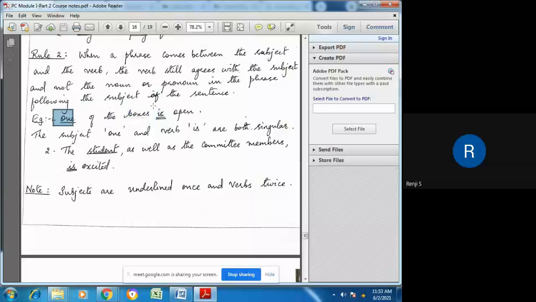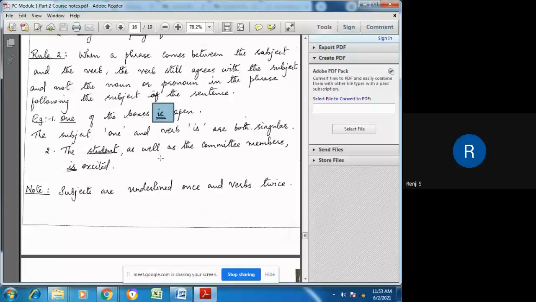We should not consider the phrase. This phrase is plural, but one, the subject, is singular. So whenever a phrase comes in between, don't consider the phrase, you should still consider the subject. If the subject is singular, the verb is singular.